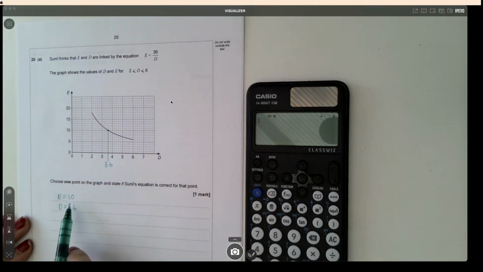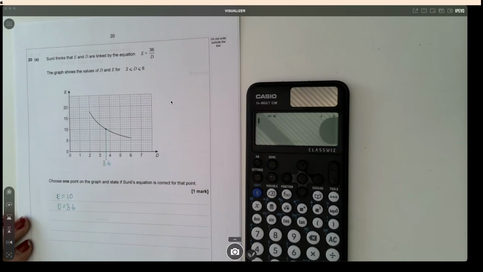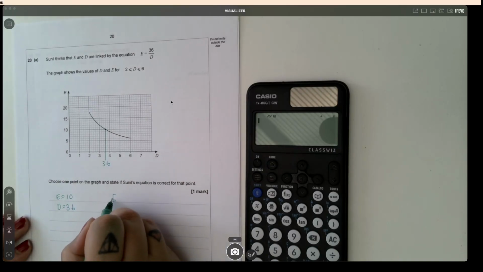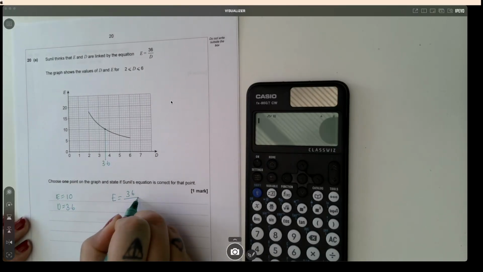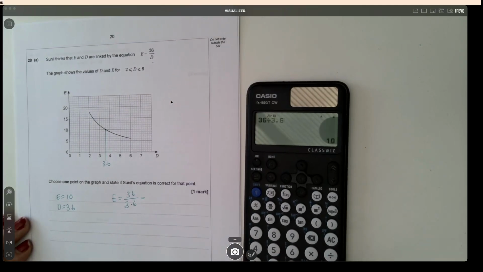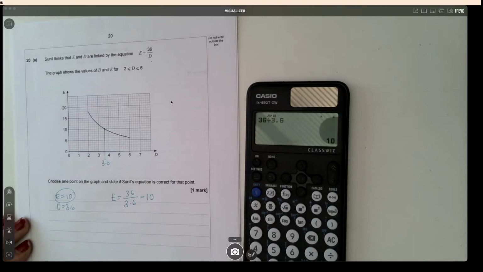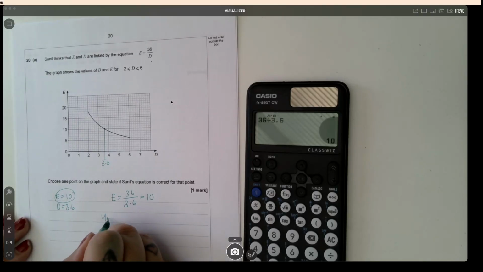So if we substitute these values into this equation, hopefully we'll get the answers that match. So E is equal to 36 divided by D, which is 3.6. 36 divided by 3.6 is 10, which matches what we'd expect for E. So yes, it's correct for that point.